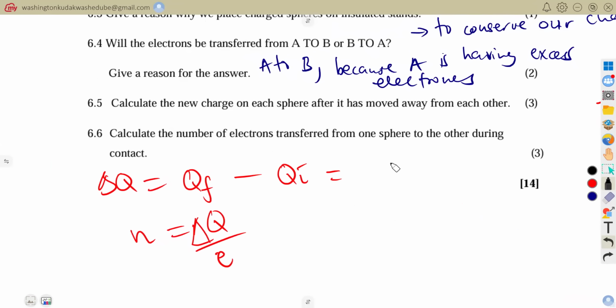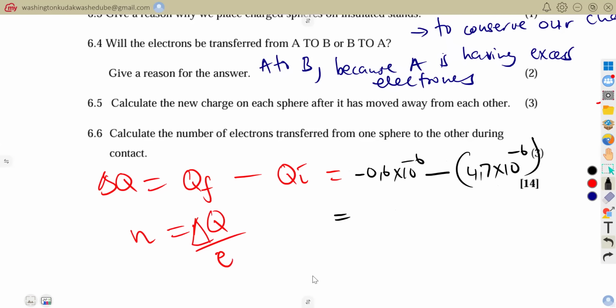That is the one that we are going to use as our final in either of the two. So you would say negative 0.6 times 10 to the power negative 6 minus the initial, which is positive 4.7 times 10 to the power negative 6. If I do that, my answer is supposed to be what? Let's use our calculators.